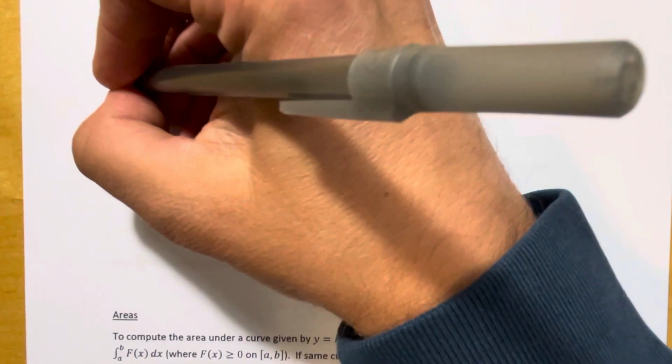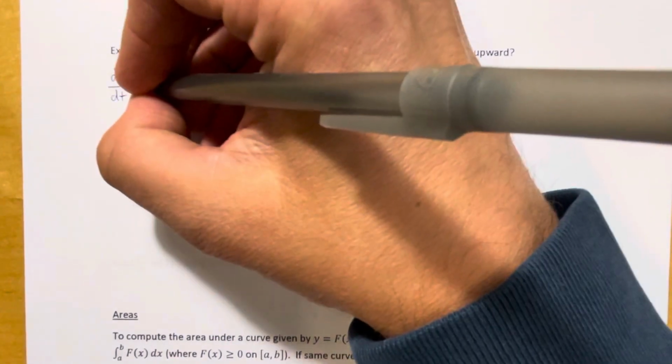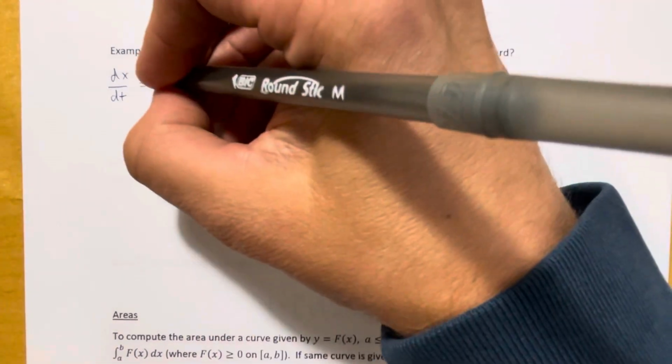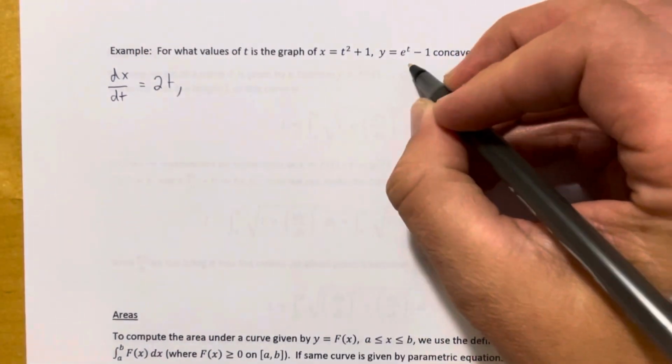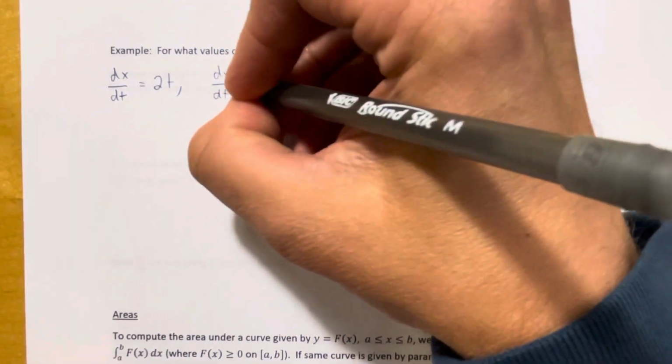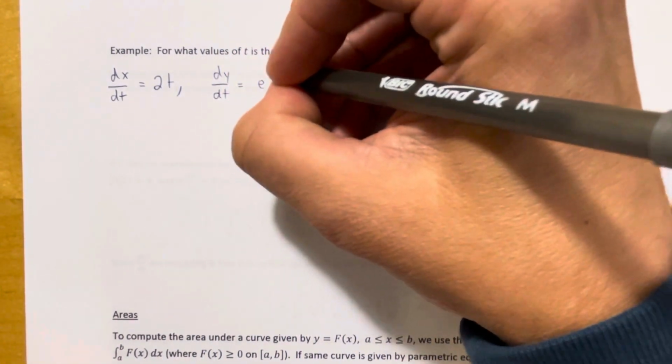There's some ingredients I need to figure out here. Let's start with dx/dt and dy/dt. dx/dt would be 2t. dy/dt would just be e to the t. Okay?